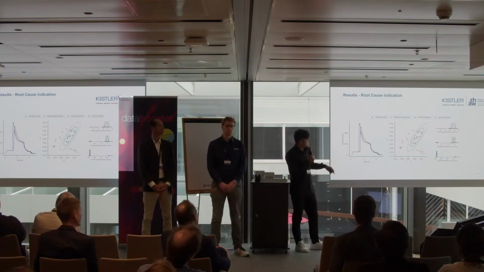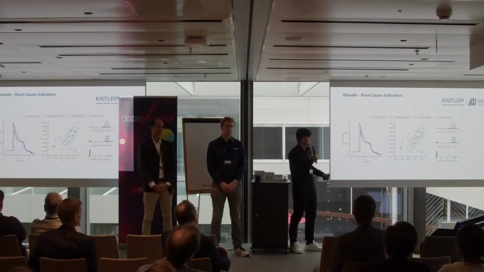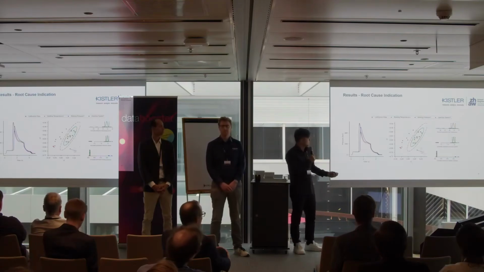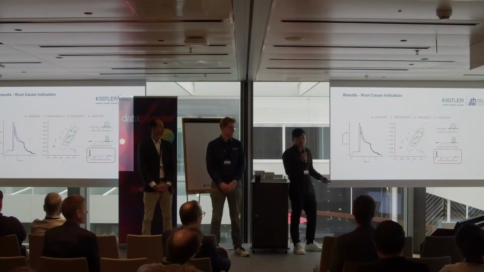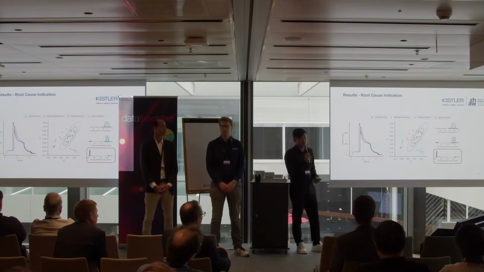In the middle is the latent space. As you can see, even though they are pretty similar, the right one is still detected outside of the acceptable range. On the right, we also show the representation for the machine parameters. For example, this one is a representation for the holding pressure, and the green one is the representation from the calibration data.